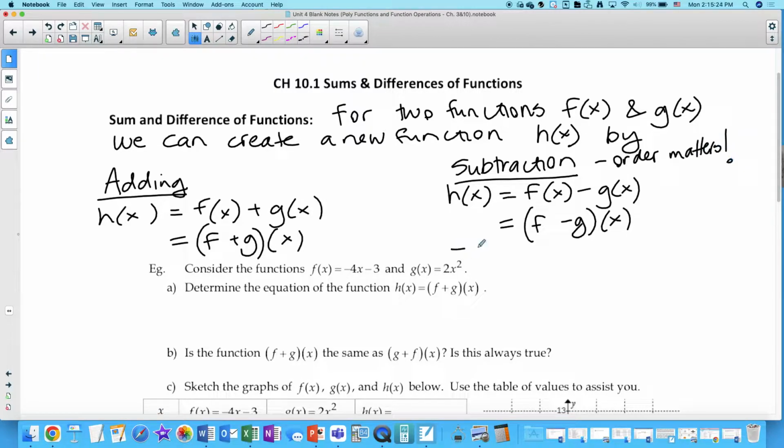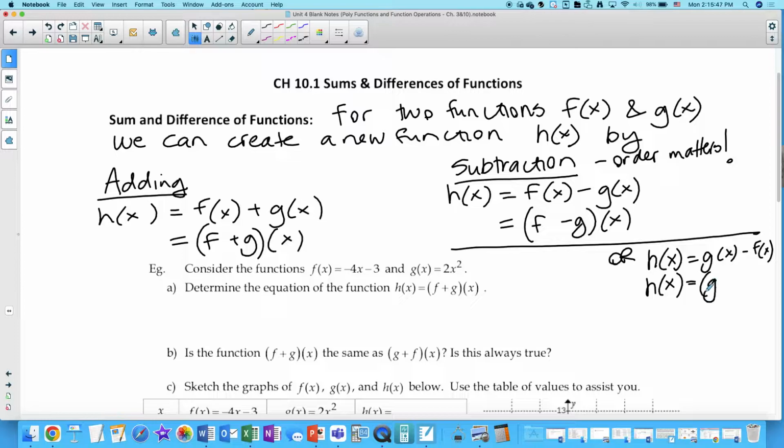So you could have this function, or you could have another function, h of x equals g of x minus f of x. And in fact, these will be related to one another. They are negatives of each other. Okay? Just like 5 minus 2 is the negative of 2 minus 5. So we could write this way as well. g minus f of x.